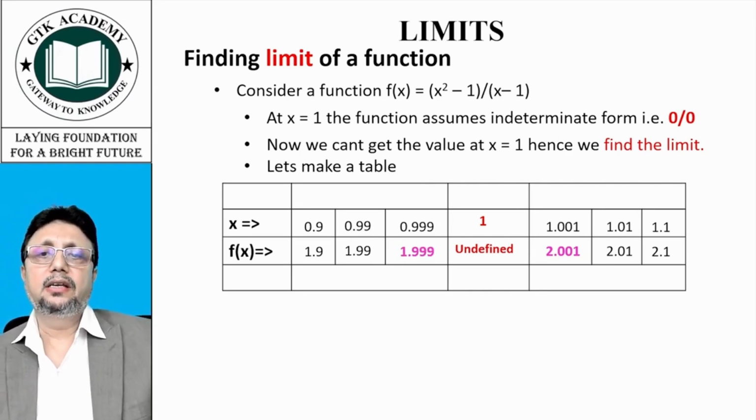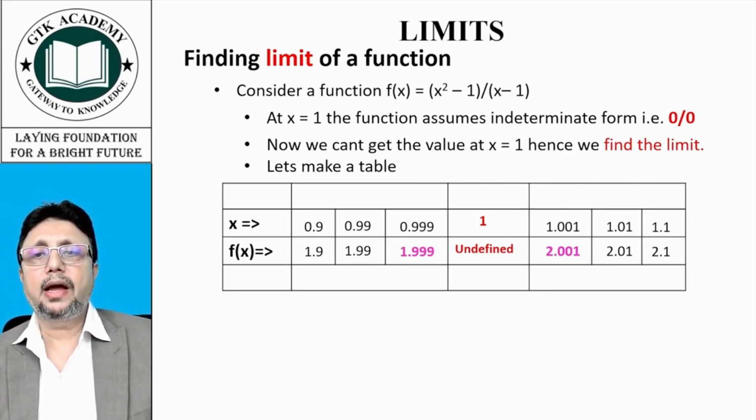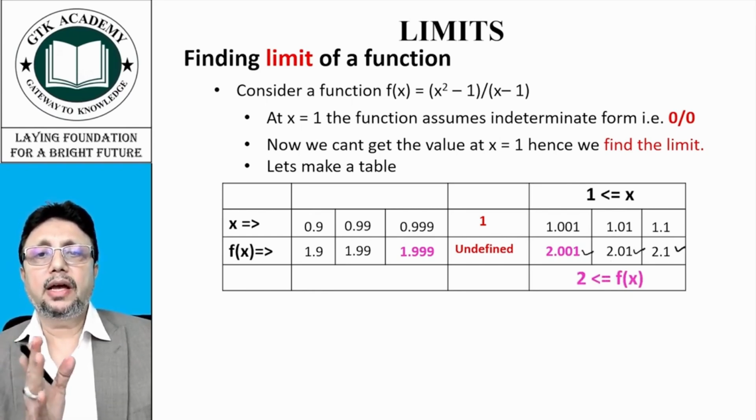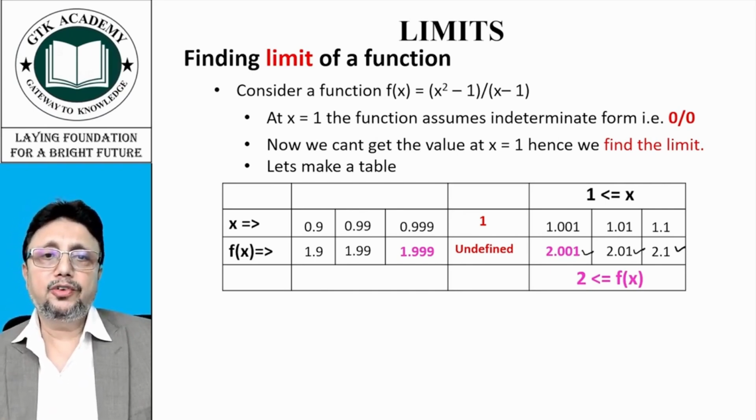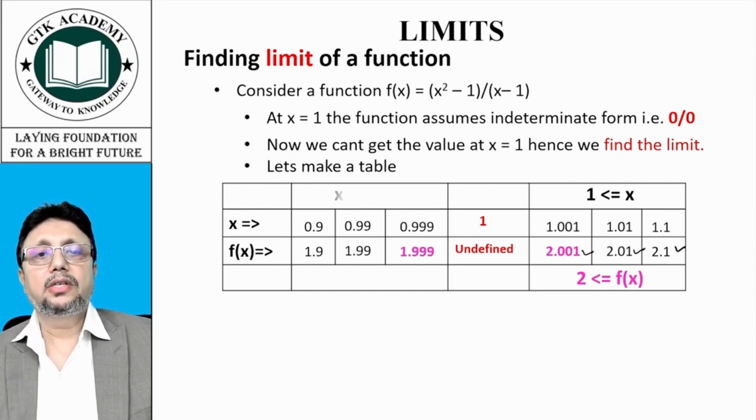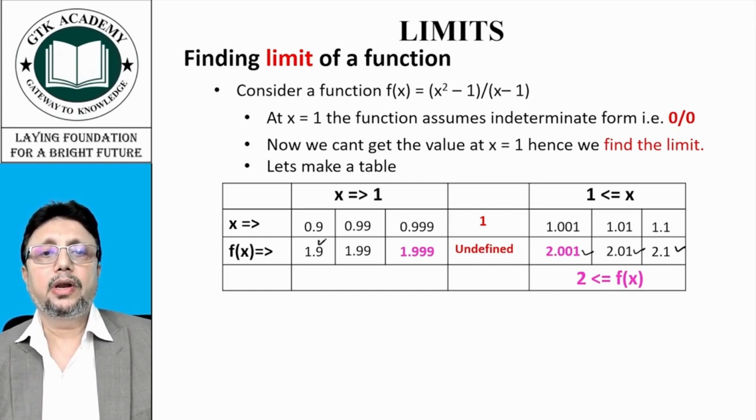Now it can be easily seen as you move from the right towards 1, that means as x tends towards 1, the value of f(x) tends towards 2. You can see 2.1, 2.01, 2.001. So the value is becoming closer and closer to 2. Or you move from the left towards 1. There also you can see 1.9, 1.99, 1.999.